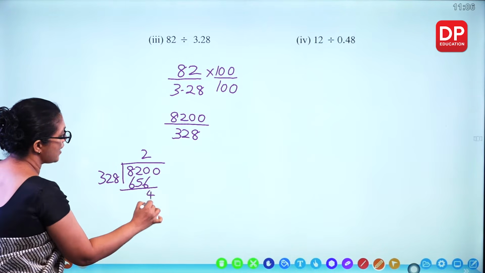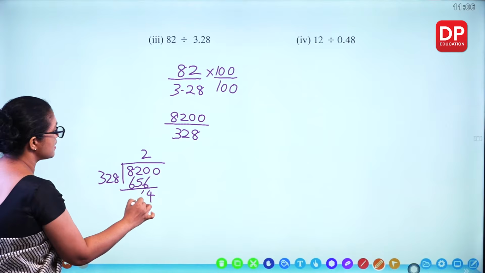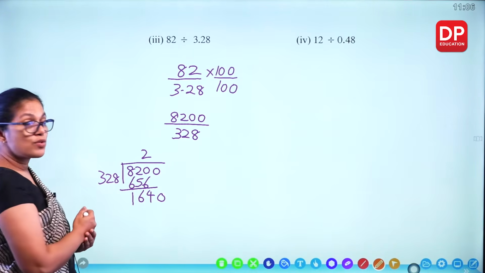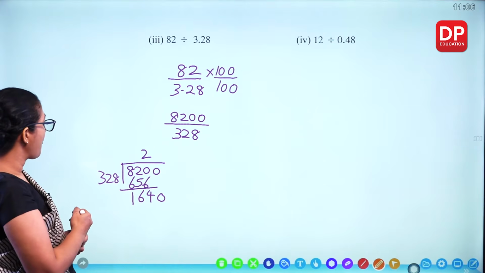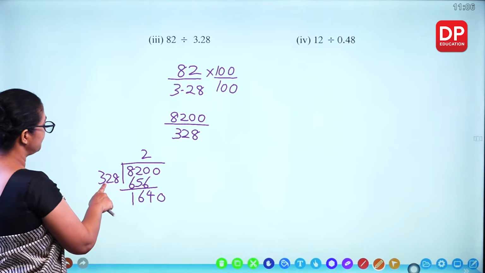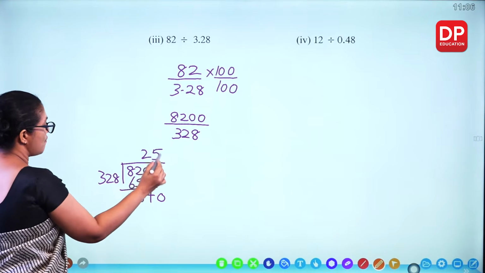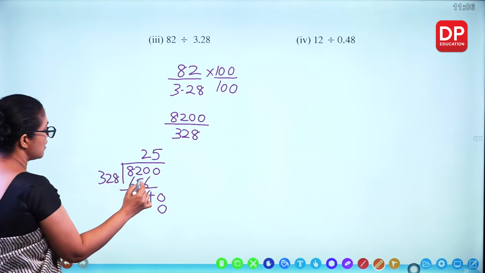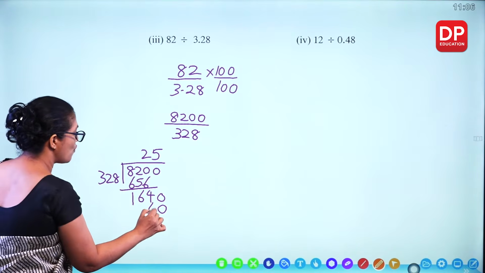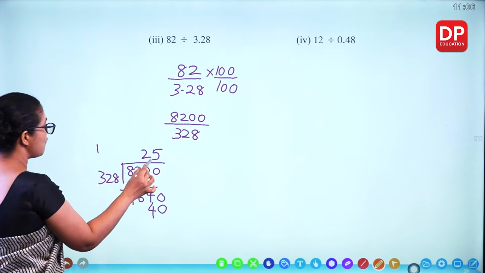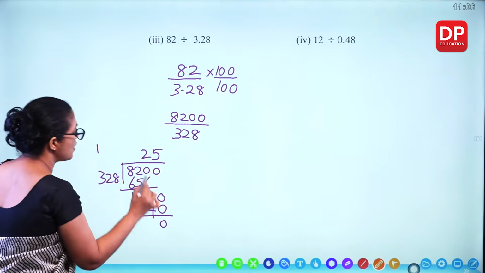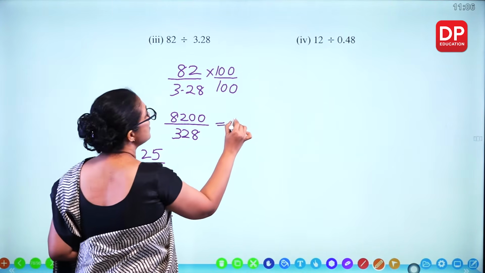When you subtract, you get 164. So 1640. 5, it's too big. 5 times 8, 40. 4 remaining. 5 times 2, 10. 10 plus 4, 14. 1 remaining. 5 times 3, 15 plus 1, 16. So you get 25 as the answer.